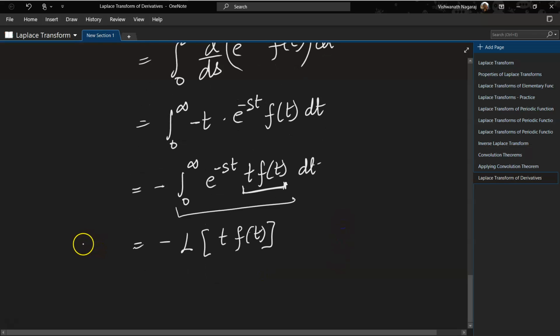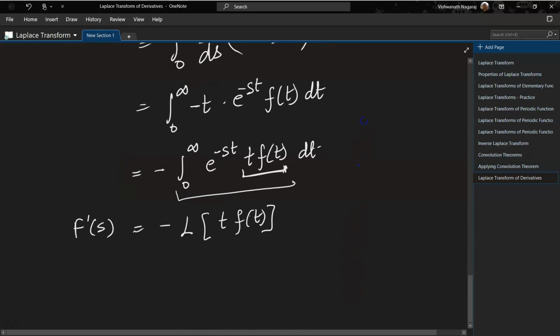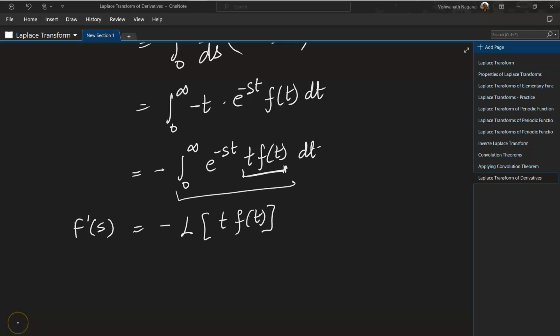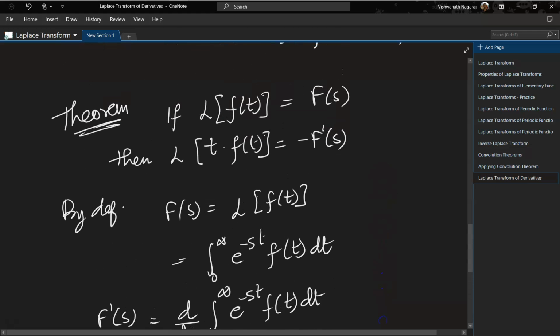So basically what that means is F prime of s, which is what we started off with, is equal to this. Now, if we rearrange this a little bit, what we get is Laplace of t f of t is equal to minus F prime of s, which is what we had to prove.